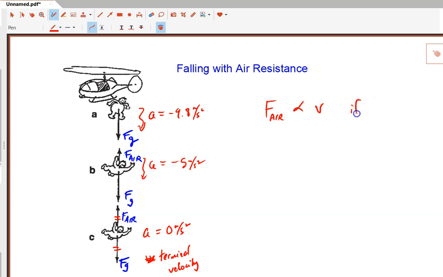This is if it's slow and small. But if the object is really large, like say the size of an airplane or even a skydiver, maybe even a baseball, then we could say that the velocity squared is proportional to the force. Now this is if it's faster and also larger. So we're going to actually really be using this equation.